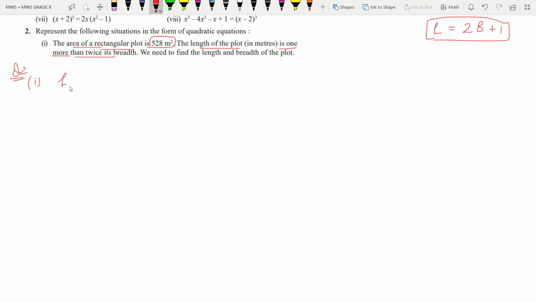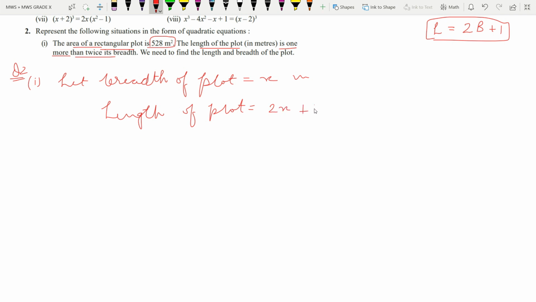So let the breadth of the plot, which is a rectangular plot, be x meters, as it is given in meters. And then what will be the length of the plot? That is twice the breadth. Breadth is x, so twice of x plus 1 meters.